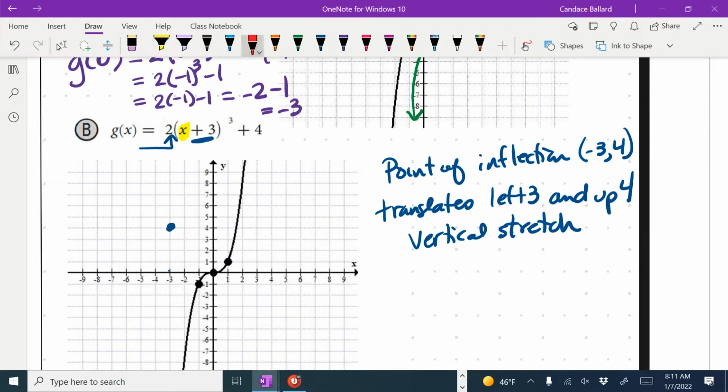So in this case, I'm going to choose to pick -2, okay? Because that's just to the right of it. So I should be able to get a point that's actually on my graph, okay? So I'm going to find g of -2. And so that's going to be 2 times (-2 plus 3) cubed plus 4.